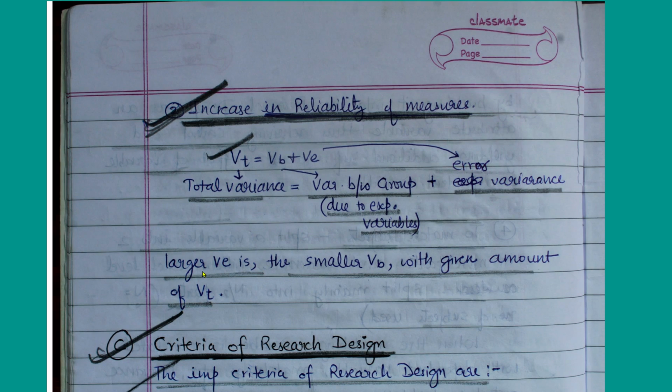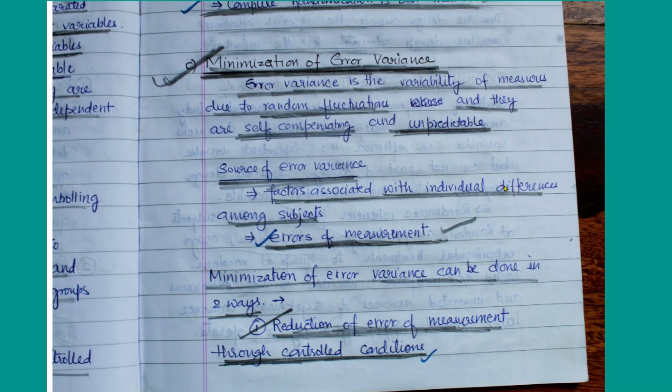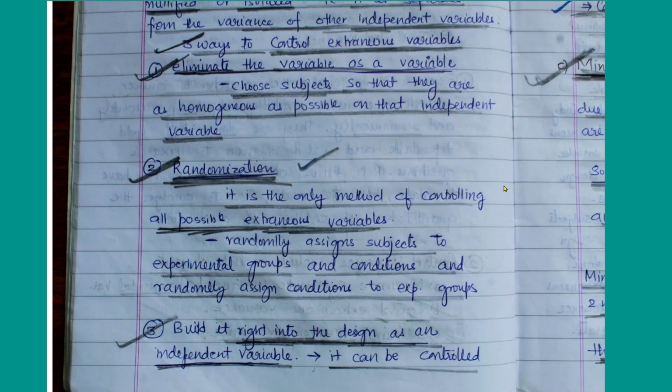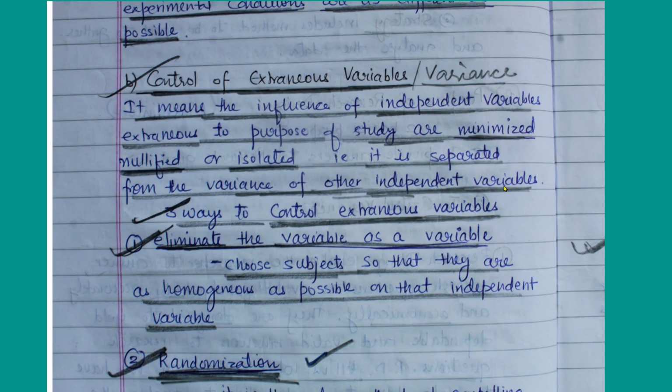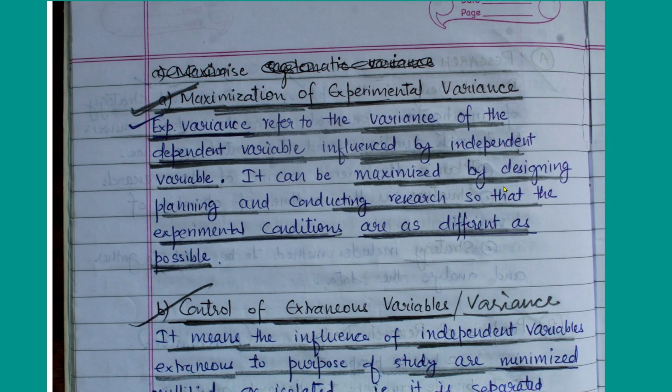So the larger the VE, the smaller the VP with greater amount of VT. So error variance we need to decrease. For the time being you should always remember maximization of experimental variance, control of extraneous variance, and minimization of error variance. This is also known as max-min-con.